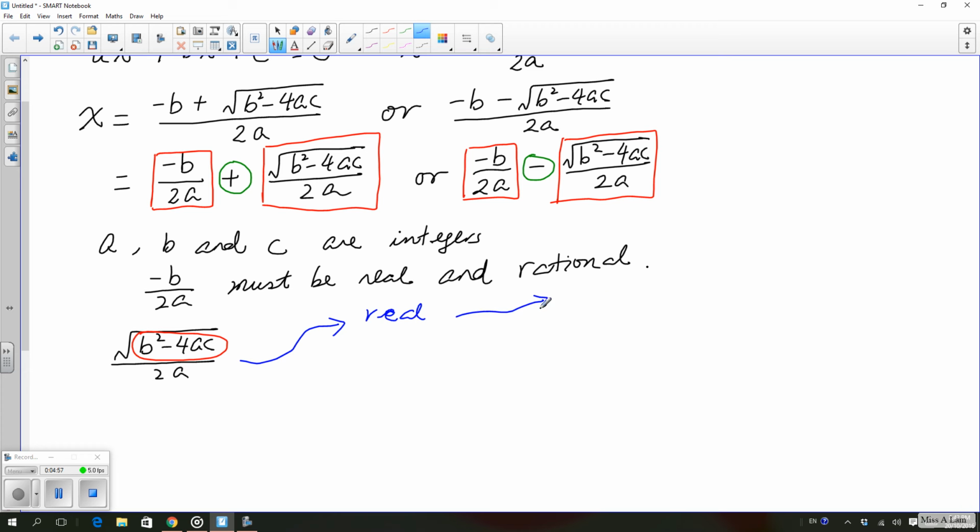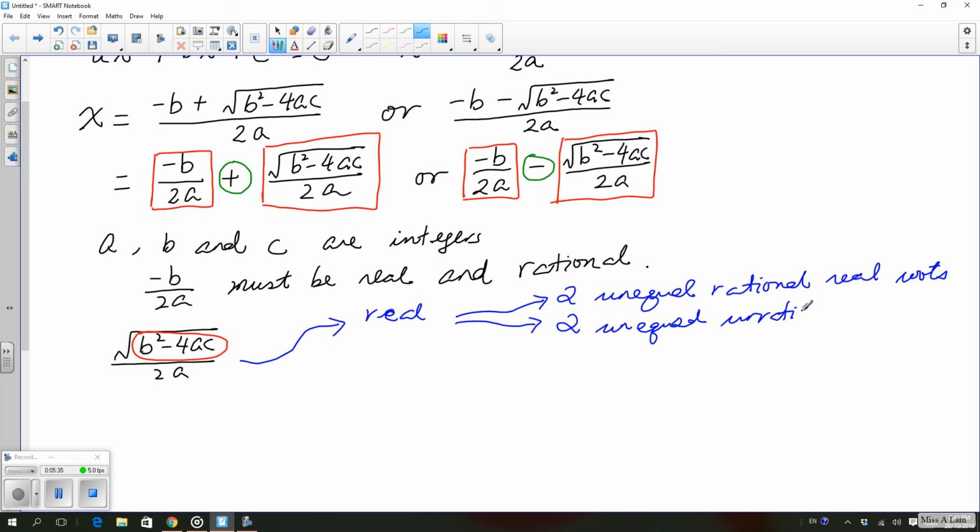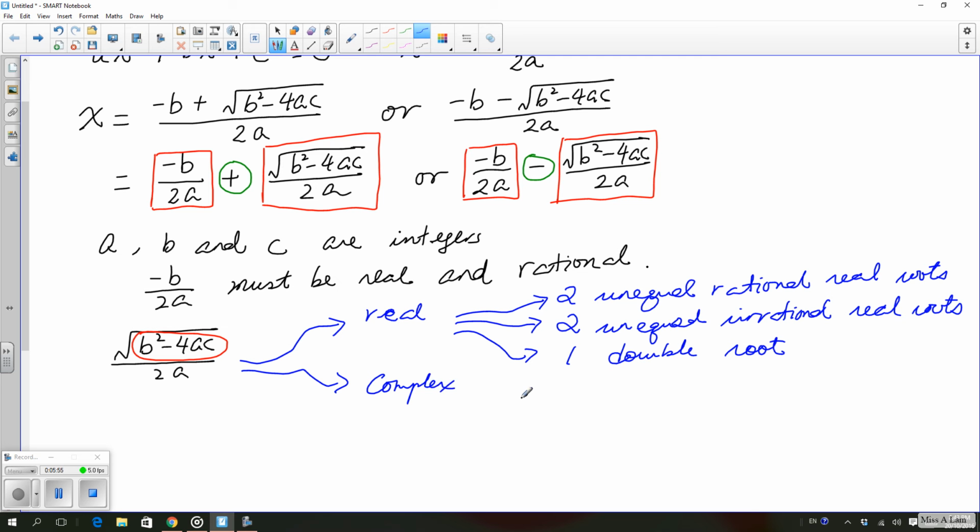And for real roots, we can have two unequal real roots, or we can write like that: two unequal rational real roots, or we have two unequal irrational real roots, or we have a double root, or we have complex roots.